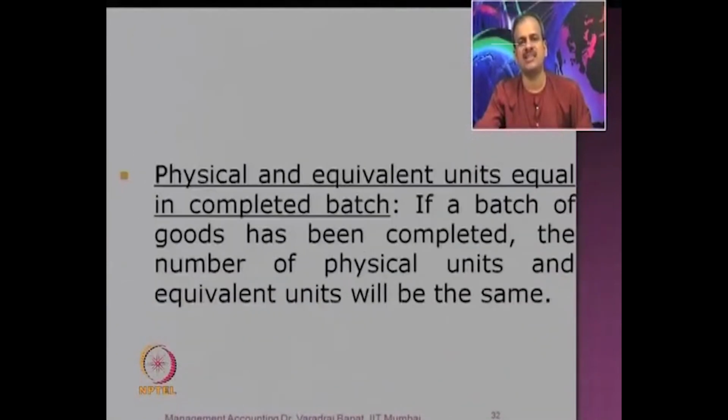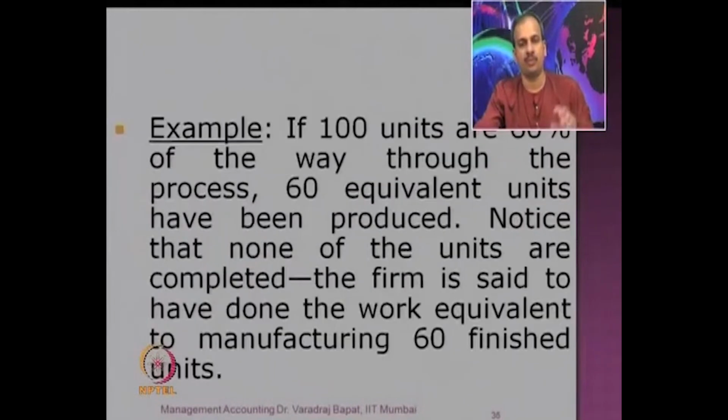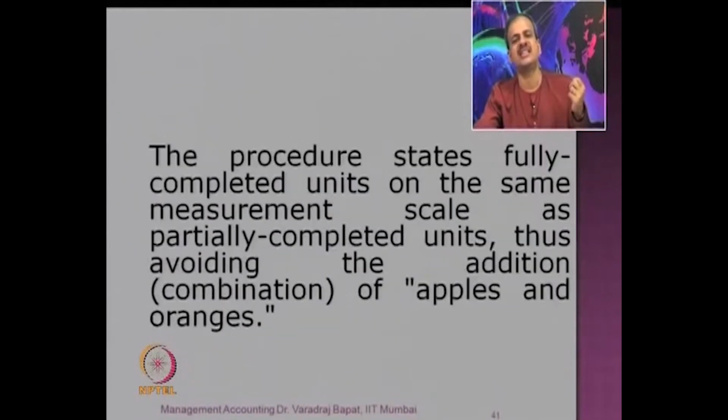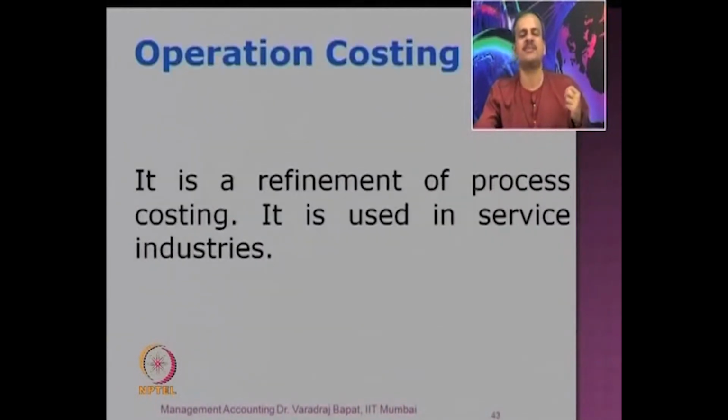Though most of our discussion was on production or manufacturing industries, the similar concepts can be also used in service industry, wherein we call it operation costing. So you know that process costing is for mass produced goods which are identical in nature. Same way, on large scale services, the costing method used is known as operation costing.